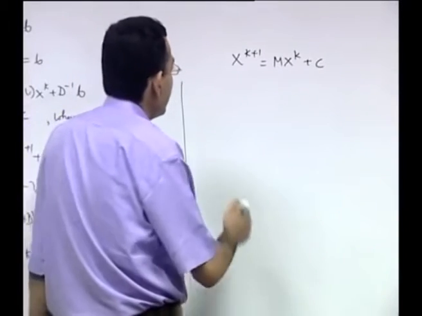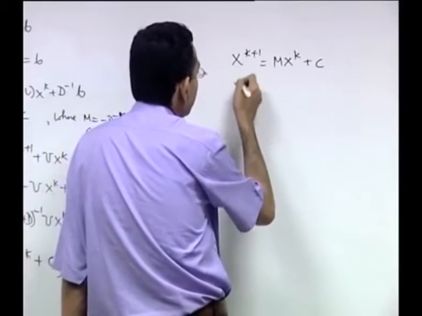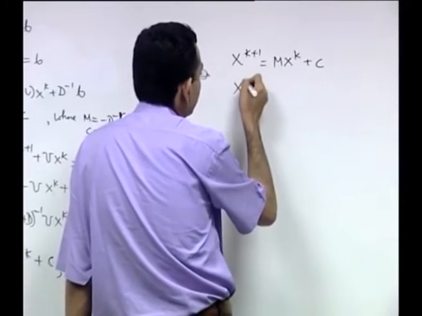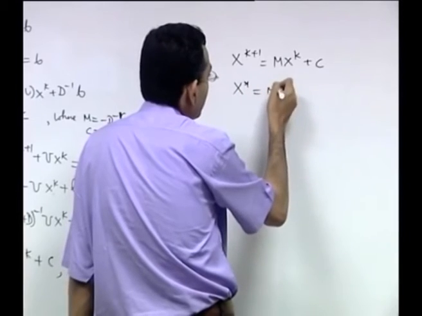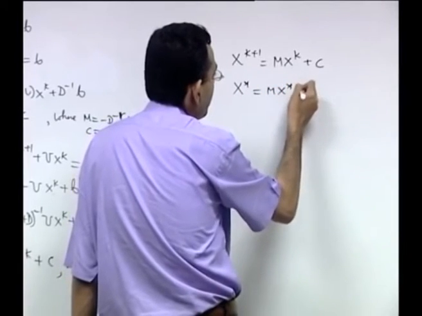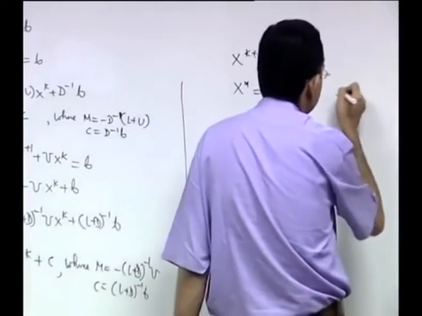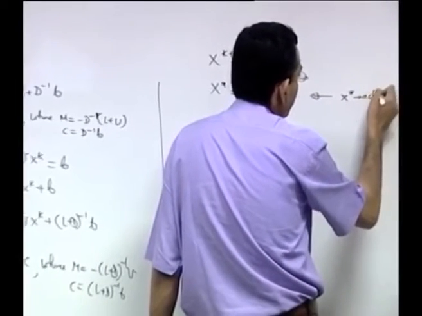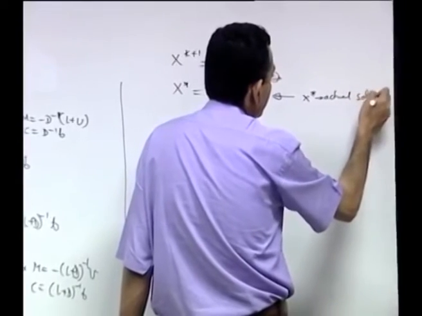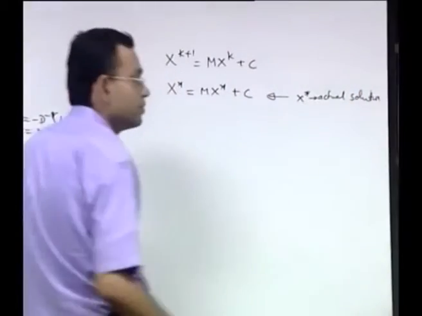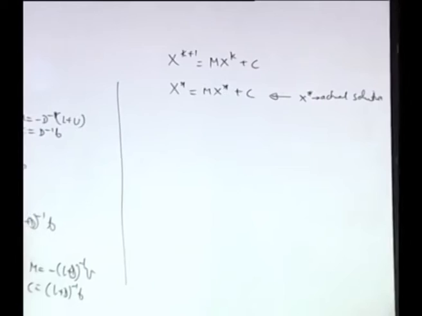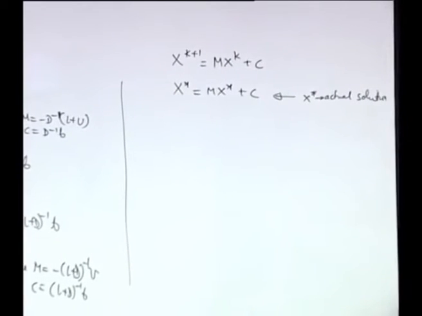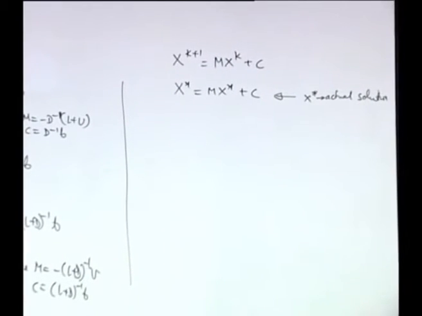Now, let us say that x star is the actual solution. So, x star is equal to M x star plus c. So, actual solution should satisfy the iteration where there is no change in the value of the variable with new iteration, that is when it has converged.